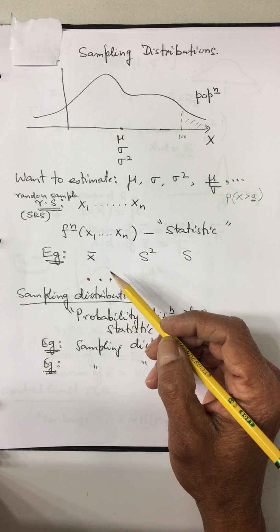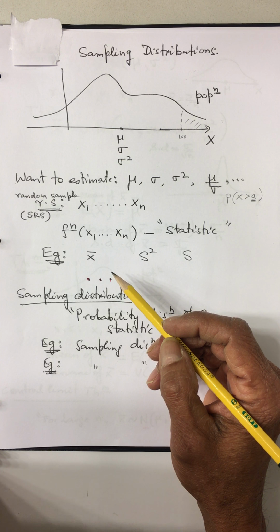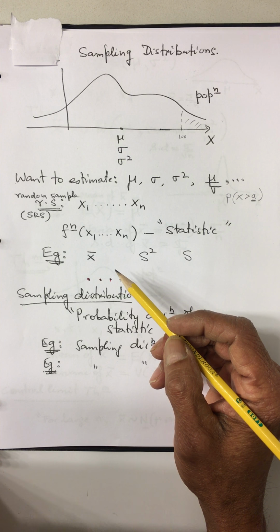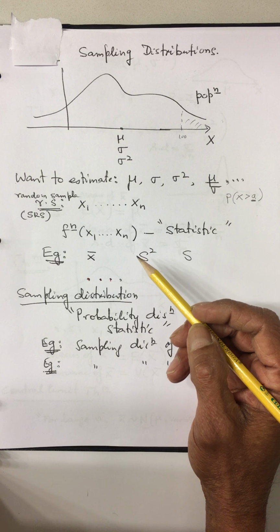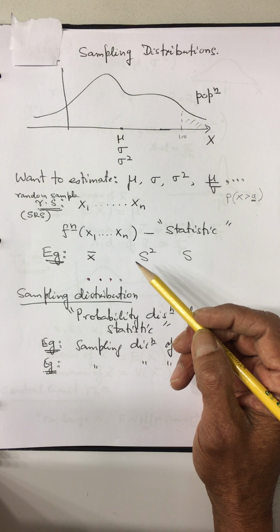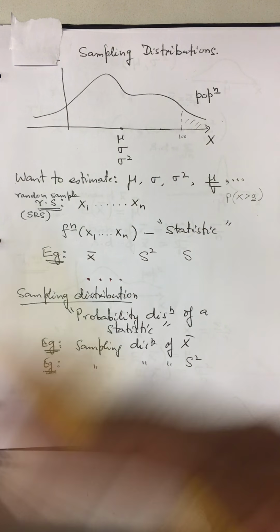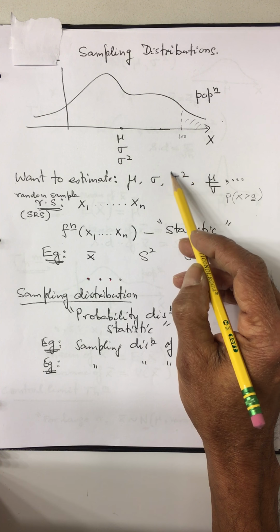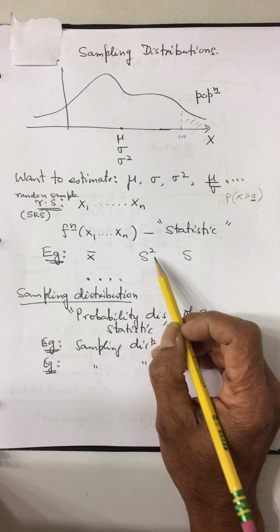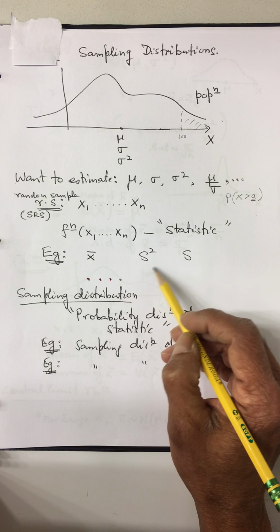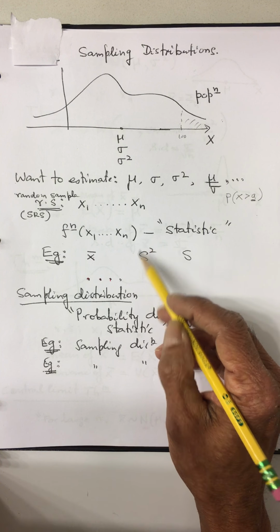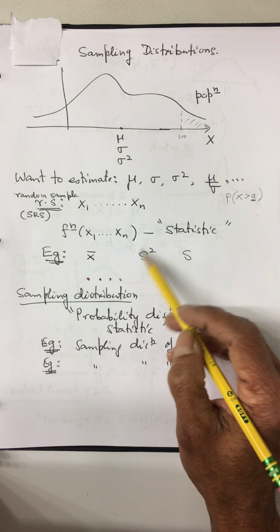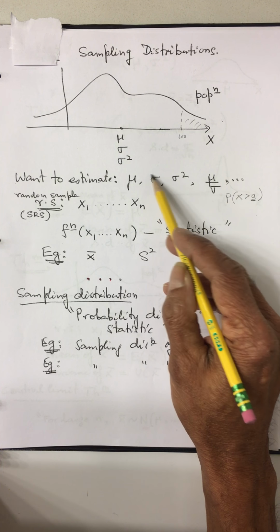Or you can throw away the highest 5% of the values and the lowest 5% of the values. You remember that we were looking at the trimmed mean, throwing away the higher extreme values like that. Or if you are interested in estimating sigma square, the sample variance is a good estimate, and the square root of that is a good estimate for sigma. You have already seen that one.